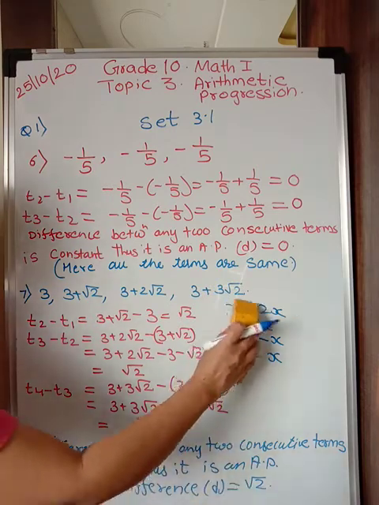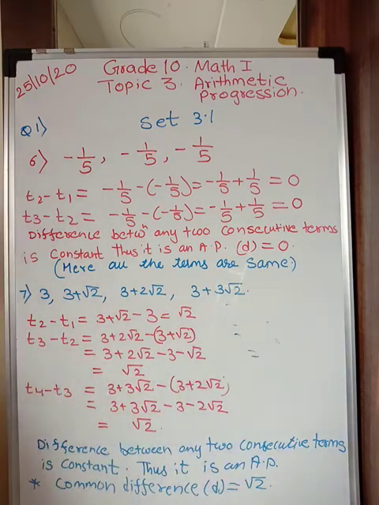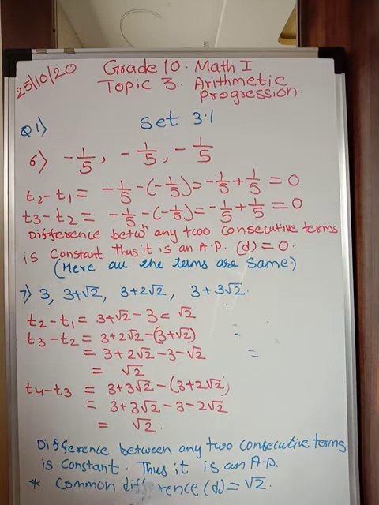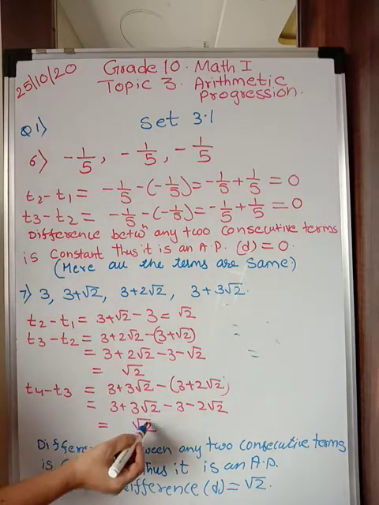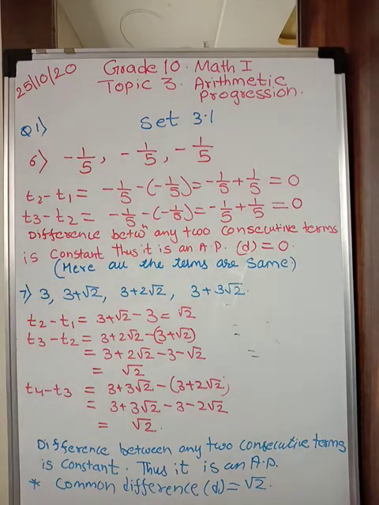Similarly, if you take the difference T4 minus T3, here also you get only root 2 as the difference between two consecutive terms. So every time the difference between any two consecutive terms over here is constant, and that is root 2. And therefore this is also an AP. So what is the common difference? Common difference is nothing but root 2. Now let's go to the 8th question.